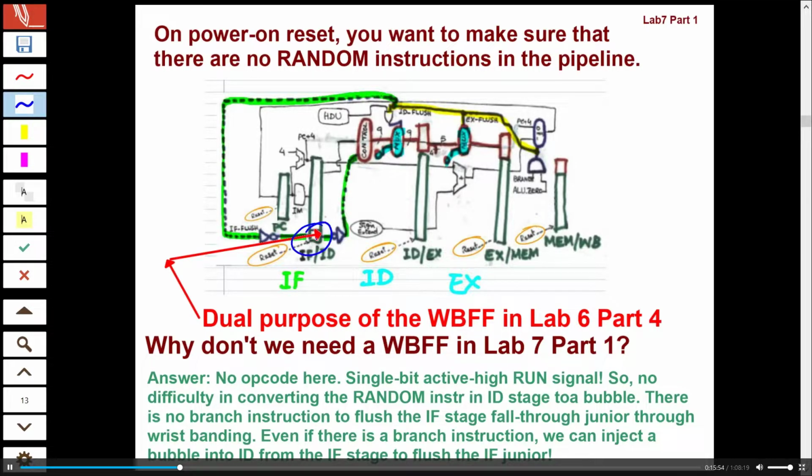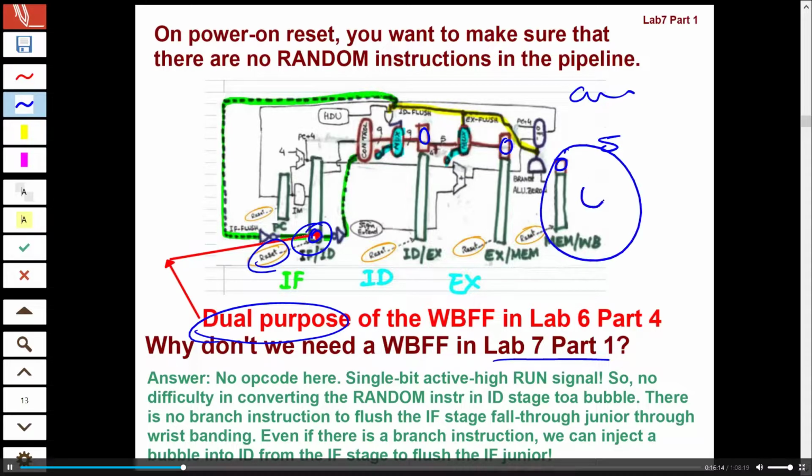What is the flip-flop in the 5-stage pipeline, and do we have it in Lab 7 Part 1? This flip-flop has dual purpose. When you switch on power under reset, asynchronously you clear, clear, clear, clear.